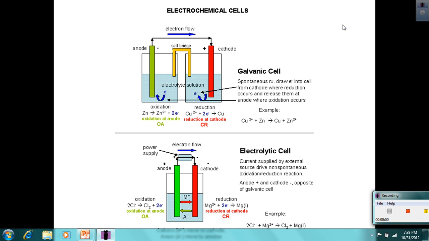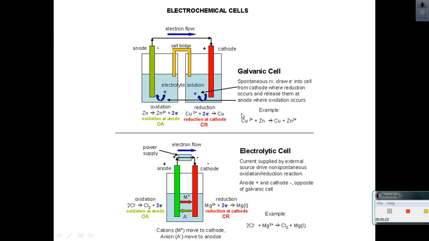Alright, so on Tuesday we talked about the differences between an electrolytic cell and a galvanic cell. The first difference was that the galvanic cell takes place in 2 cells and the electrolytic cell can take place in 1.